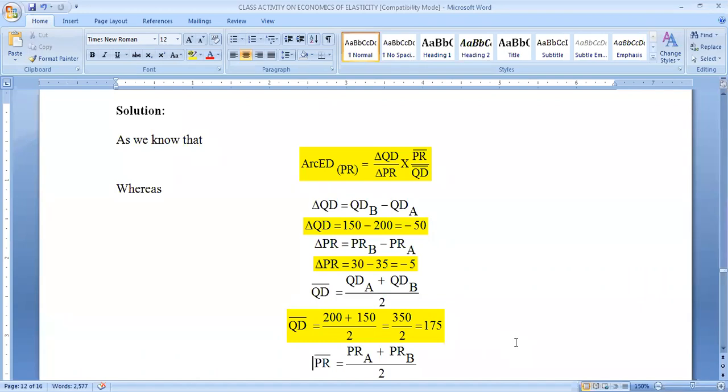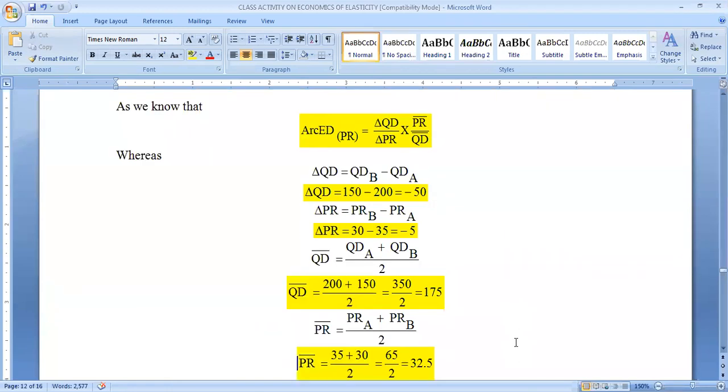Then QD bar, which is QDA plus QDB divided by 2. QD at point A is 200, QD at point B is 150, the sum is 350, then divide it by 2. So we obtain 175 as QD bar.